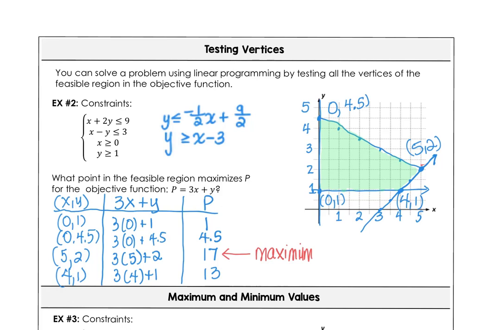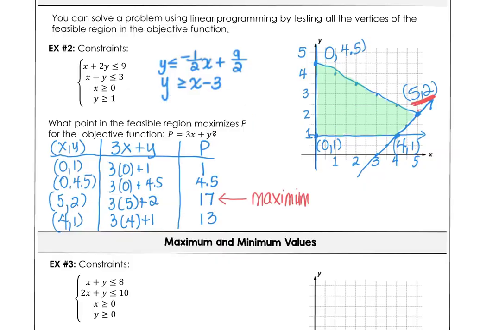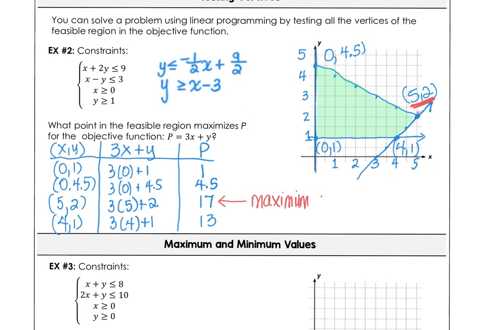So the maximum occurs at the ordered pair (5, 2). This is the maximum, and the maximum value is 17. So we could say the maximum is 17 at the vertex (5, 2). The maximum is 17 at (5, 2).